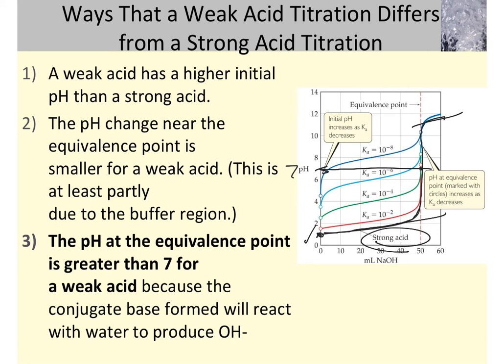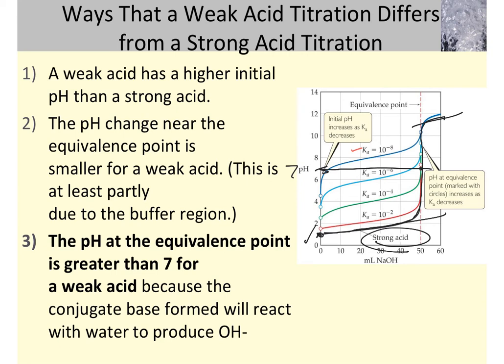Now, let's look at the pH at the equivalence point for some weak acids on this graph, okay? So it's going to depend on the Ka for the weak acid, how weak of an acid it is, because remember, the weaker the acid is to begin with, the stronger the base its conjugate base is. So that's going to affect the pH at the equivalence point.